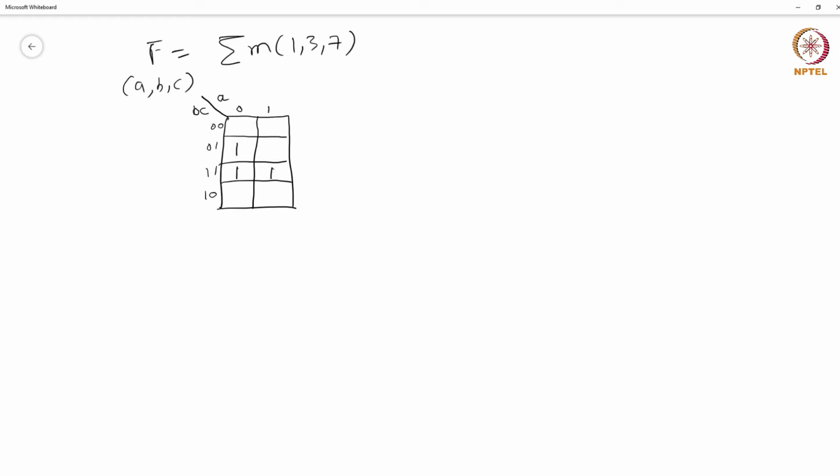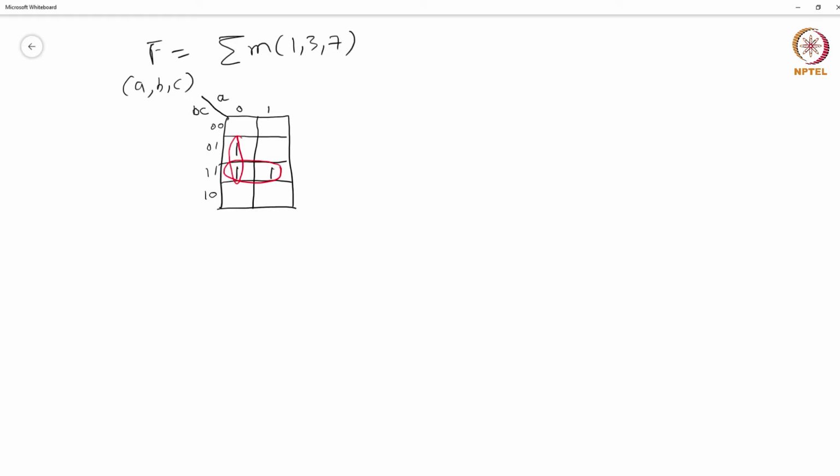Now we can find out what are the adjacent terms which can be minimized. You can see this one and this one form adjacent terms. This is called a 1-cube. Similarly, this one and this one can also be combined and form another cube. This one and this one cannot be combined because they are diagonal, not adjacent.